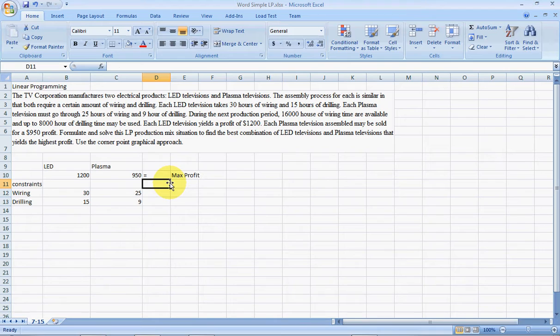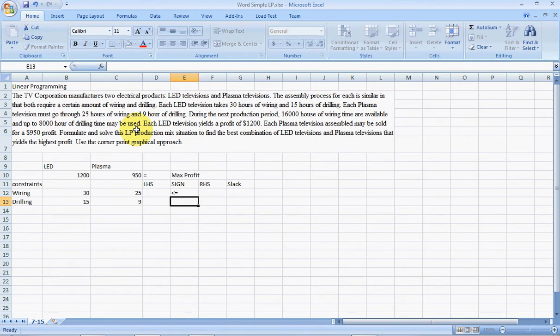So if we just go here, put our left hand side, sign, right hand side, and slack, we can get the signs for these. So during the next production period there are 16,000 hours of wiring time available, and up to 8,000 hours of drilling.